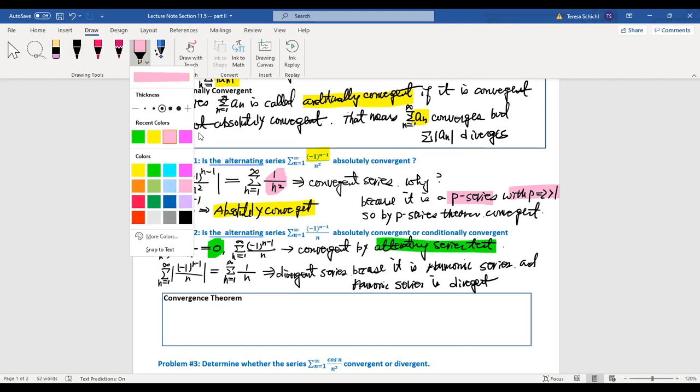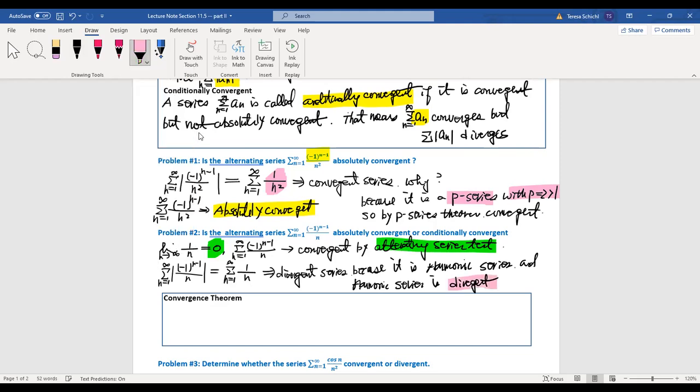So you see, when you take the absolute value, it is divergent, so I know this is not absolutely convergent. What is the conclusion for this one? This is conditionally convergent, because the alternating series converges, but if you put the absolute value, it diverges. So this is what we call conditional convergence.